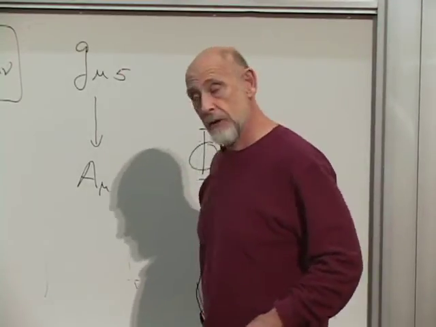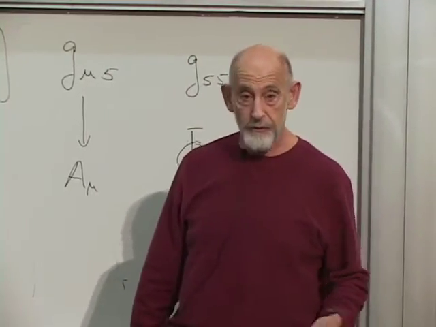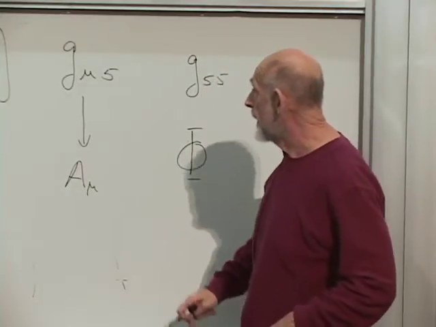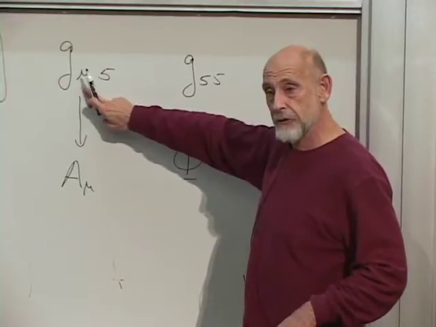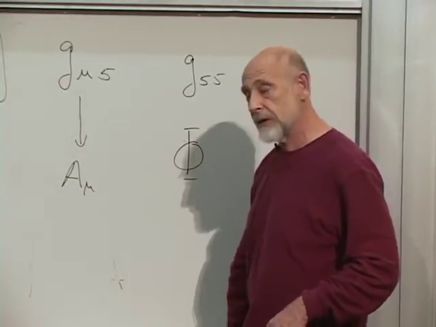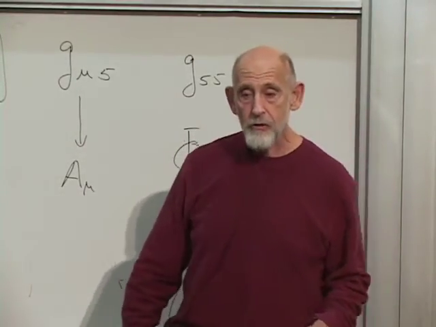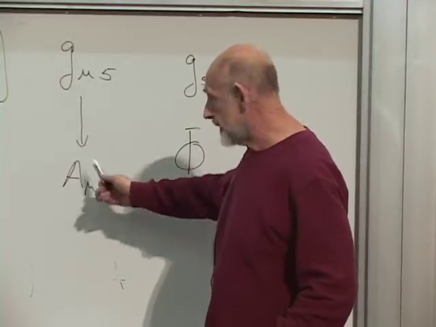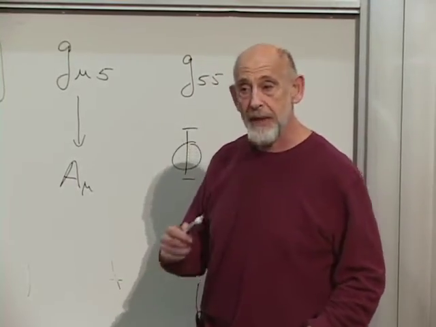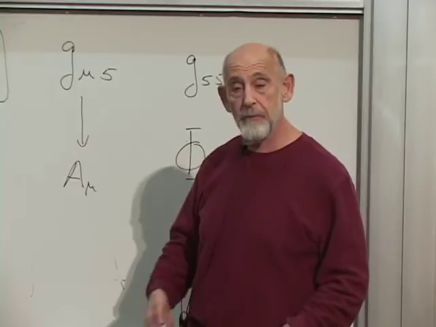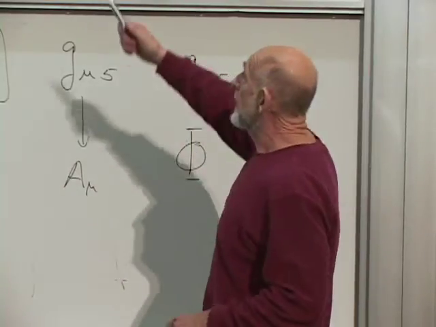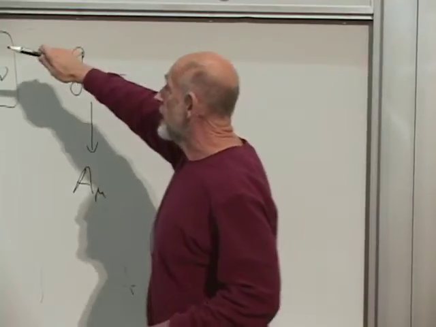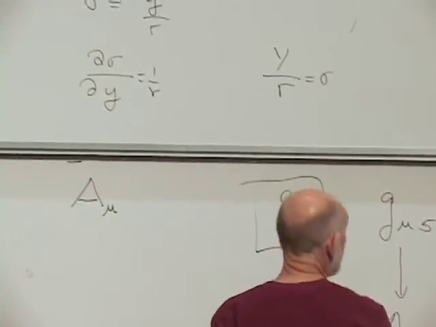So the source of this component of the gravitational field is actually the momentum in the fifth direction, the flow of momentum in the fifth direction. That means that the source of this analog vector potential is going to be the component of momentum going around the fifth direction.